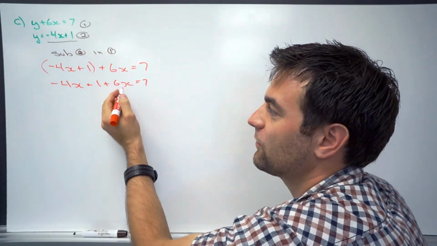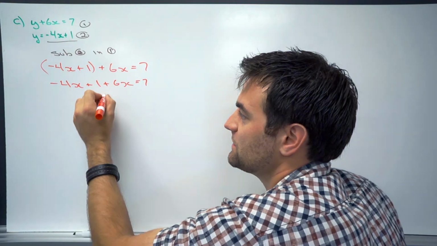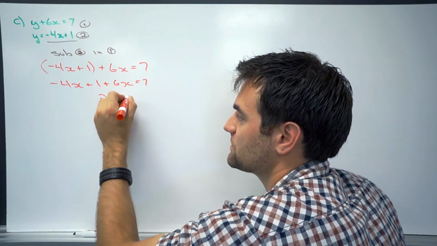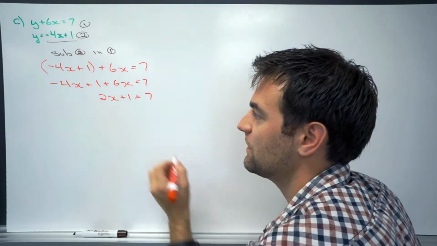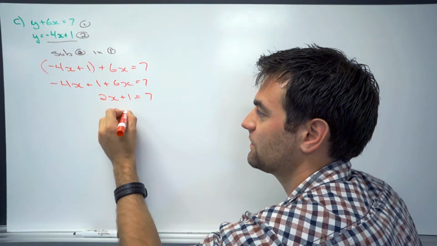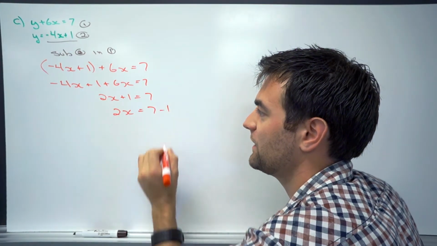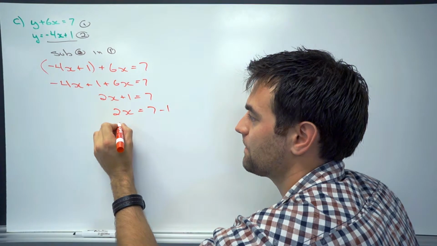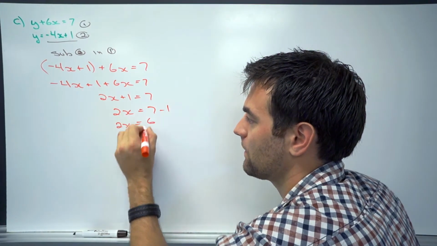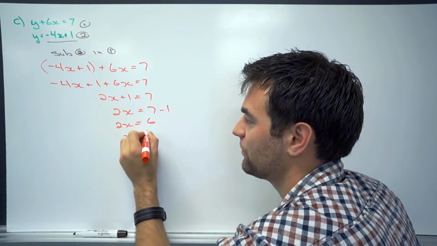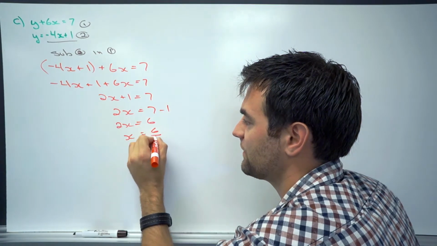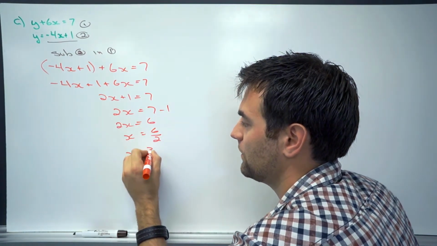And negative 4x plus 6x, that's going to give me 2x. There's a plus 1 in there, and still a 7. Now I'll solve this for x. I'll move the 1 over and make it subtract 1. And then we'll move the 2 over, and it'll be 6 divided by 2, which is 3.